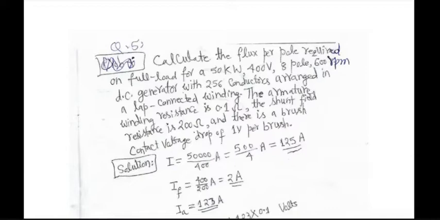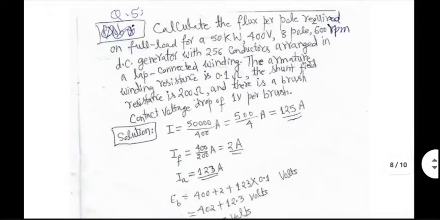So armature current, no, this problem is wrong. Again, there is a mistake here. I should have corrected it, I guess. IA will be total of 125 and 2. I'll correct it when I send it to you. IA actually will be 127 amperes.